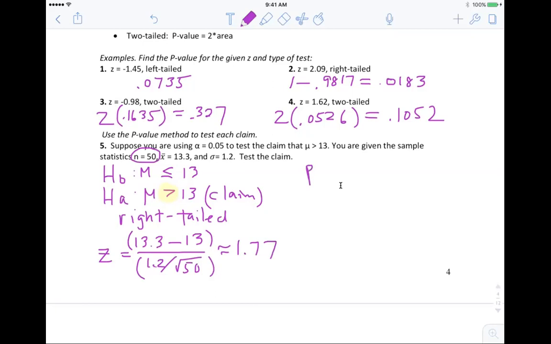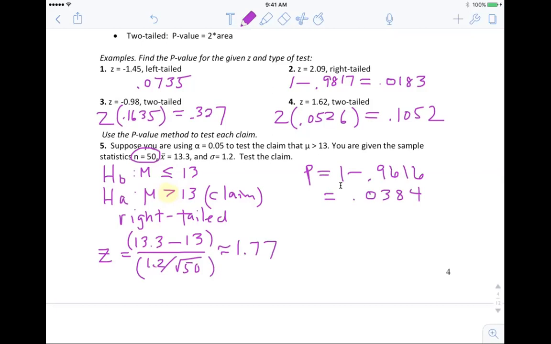So my p-value is going to be 1 minus 0.9616. Because it's a right tail test and I'm using the table, I've got to do the 1 minus. That calculates out to be 0.0384.